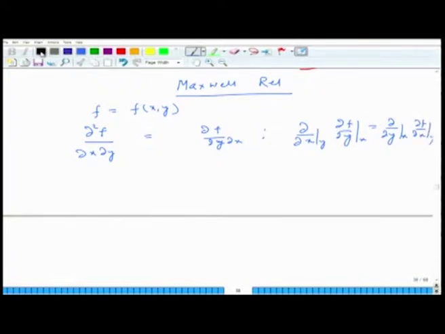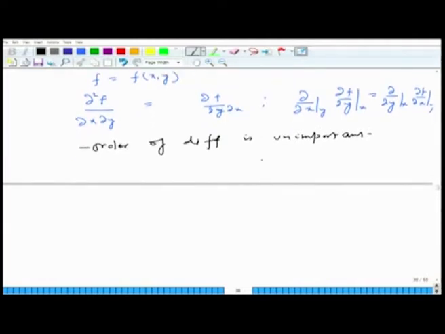The point is that the order of differentiation is unimportant. So, we can make use of this expression in our thermodynamic relations.